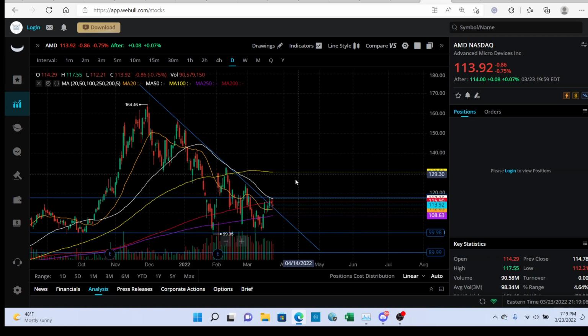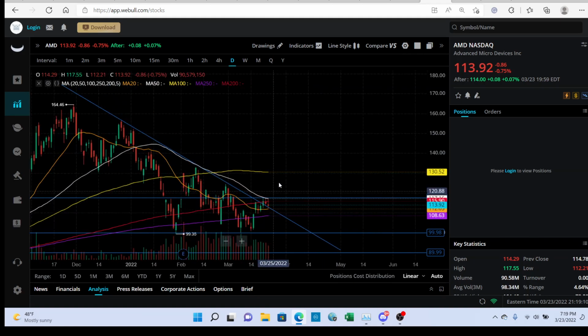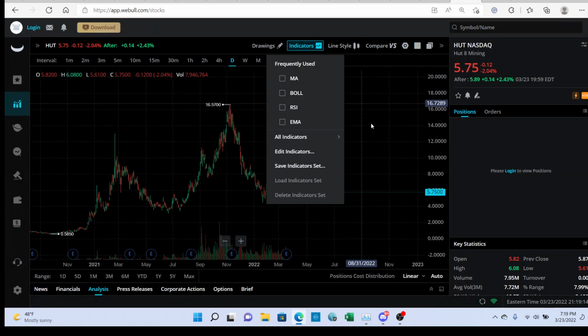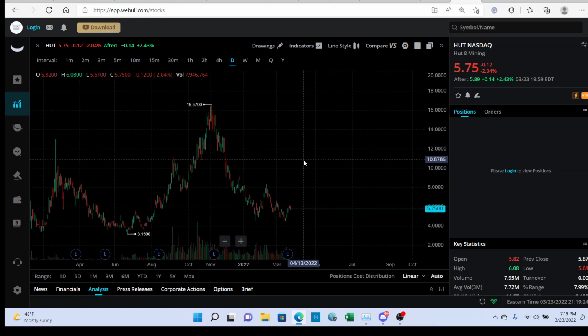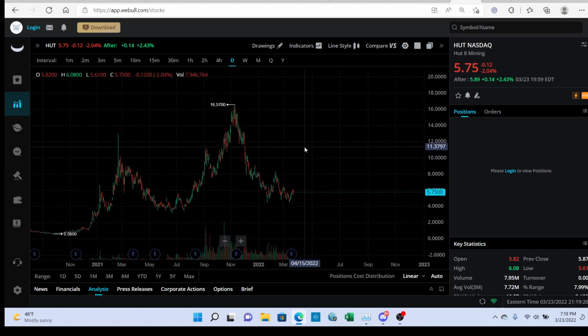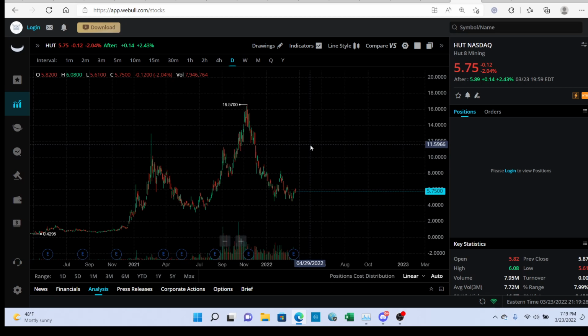So now we're kind of just hanging out here, and we'll see what happens next. Looking at this chart, to me, doesn't look that great. I mean, I'm not seeing too much of a clear direction here.